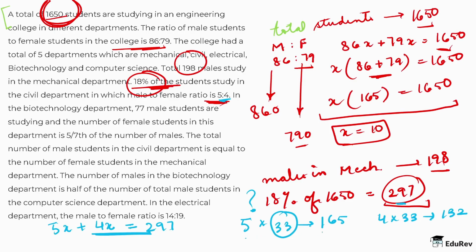Multiply 33 with 5 to get 165, the number of male students in civil, and multiply 4 with 33 to get 132, the number of female students. So I hope you now understand how many students there are in your civil department, males, females and the total. So let's move forward now.